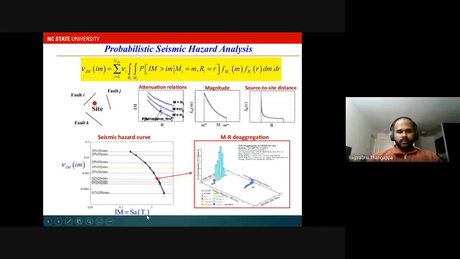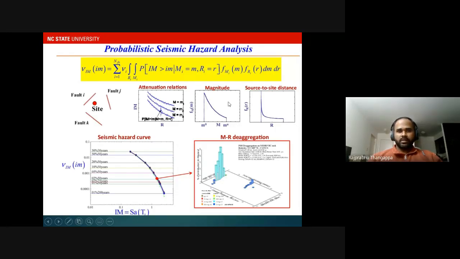As we saw in the previous slide, the attenuation models give a relationship between the intensity measure of interest and the ground motion parameters. And this is used to find the probability of exceeding an intensity measure given a magnitude and a rupture distance.